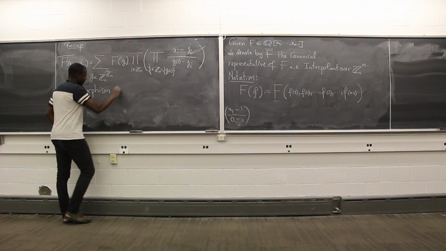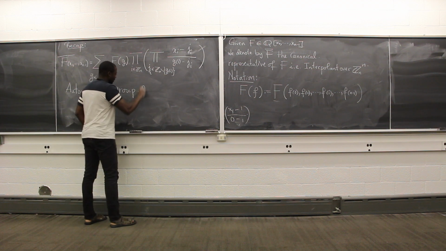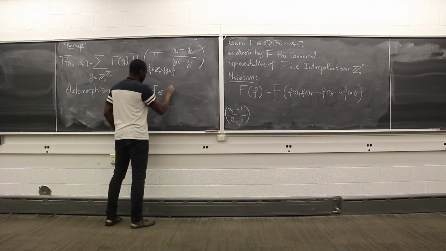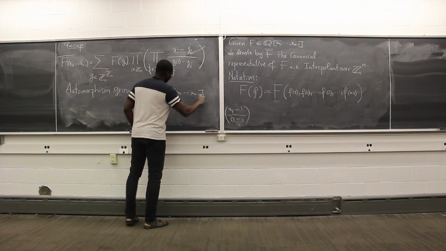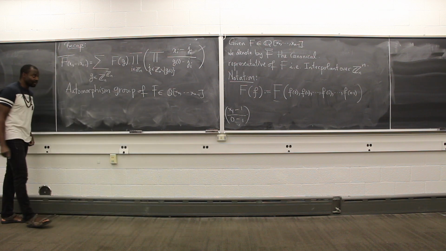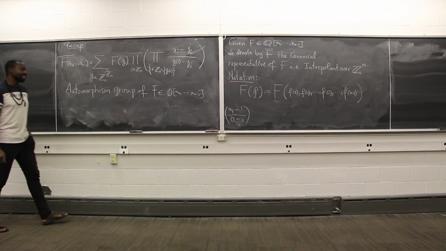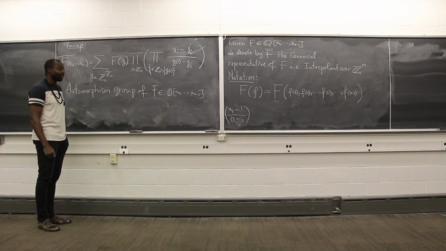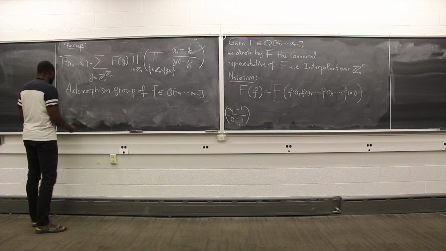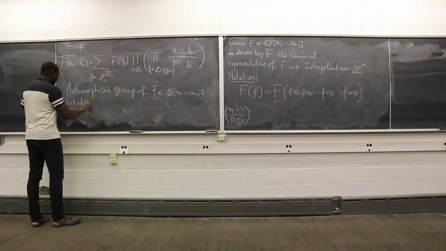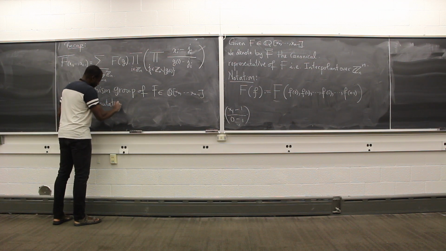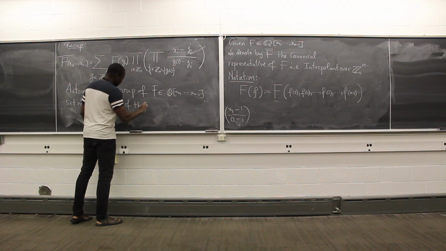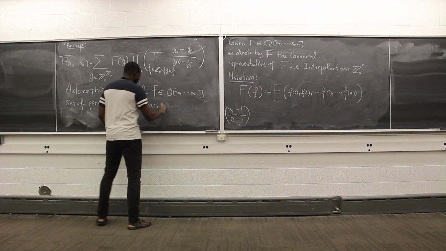The automorphism group of a polynomial f in Q with rational coefficients in x0 up to x n minus 1 is the set of permutations of the variables which fix the polynomial.